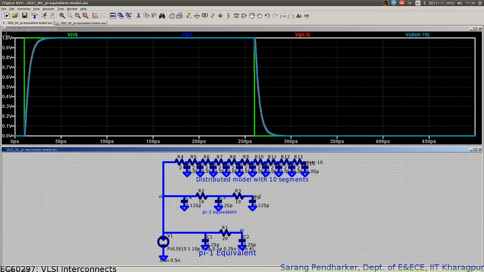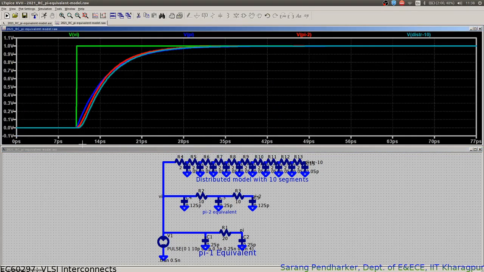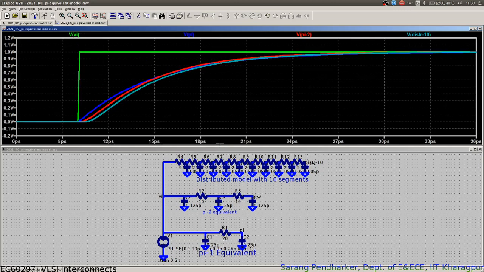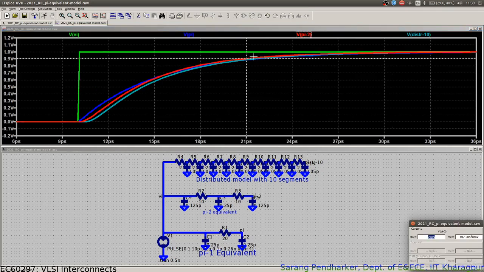Let us zoom into this region and see how accurately this pi model is modeling. So okay, let me zoom in further. Right, so I can see my pi 2 equivalent model.